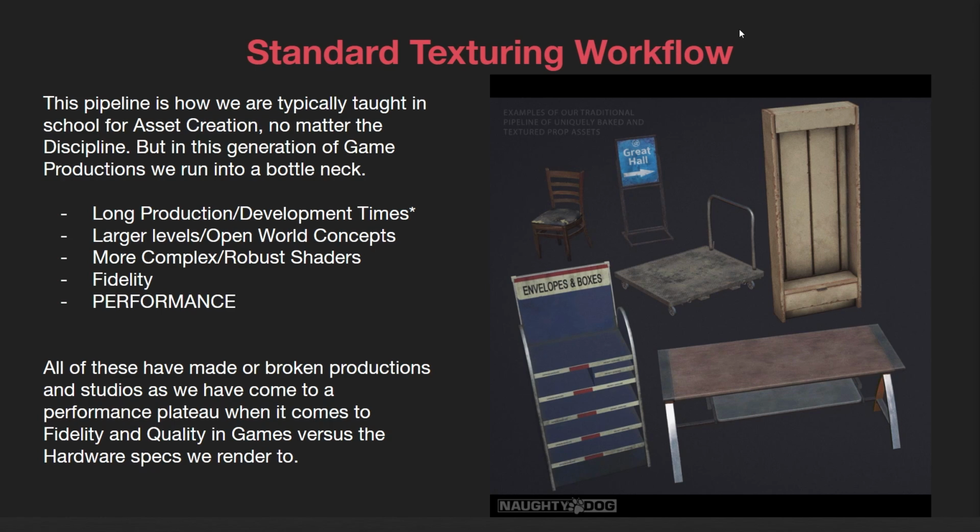By dealing with all these issues and all these little fires, they've essentially either made or broken productions in games. We've seen a plateau where we've gone to the point of having very high quality and very high fidelity games, but we're still having a hard time making sure that it runs on a console or platform efficiently.